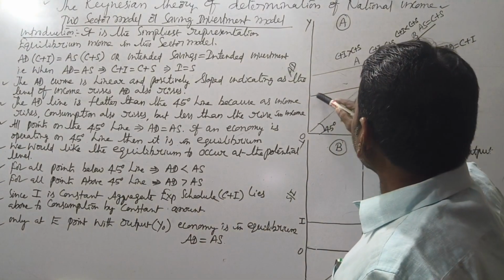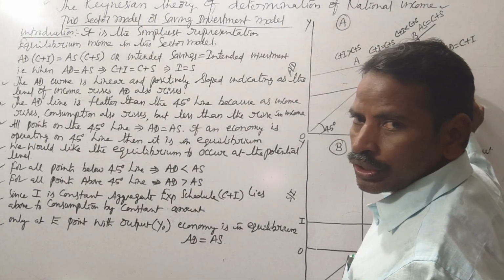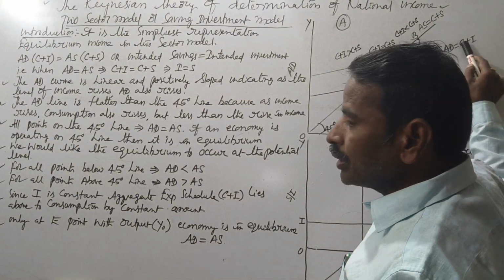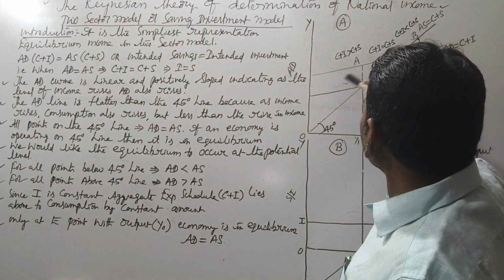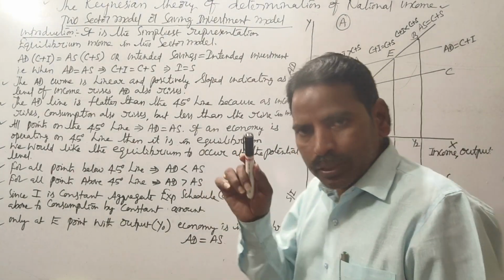Here, this is the consumption line. So investment is constant, that is added to consumption. Then this is called aggregate demand. AD is equal to C plus I.